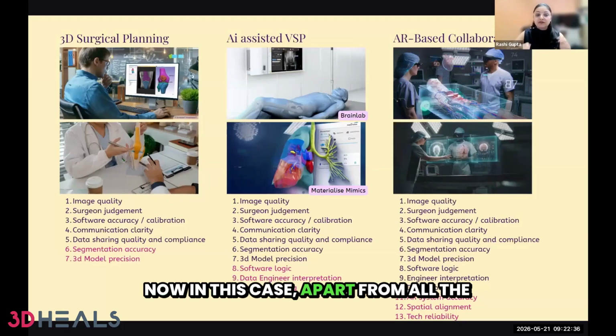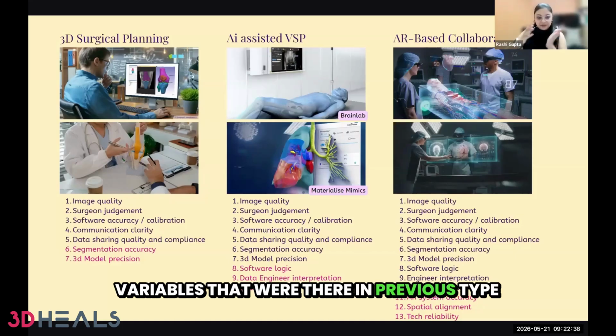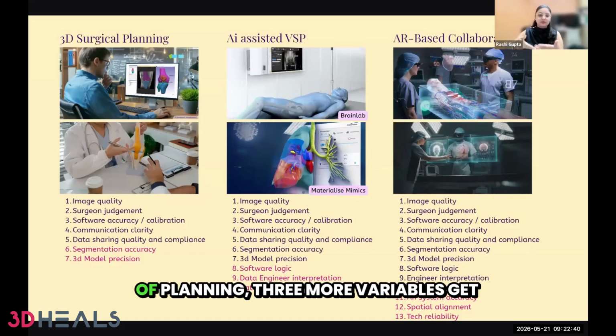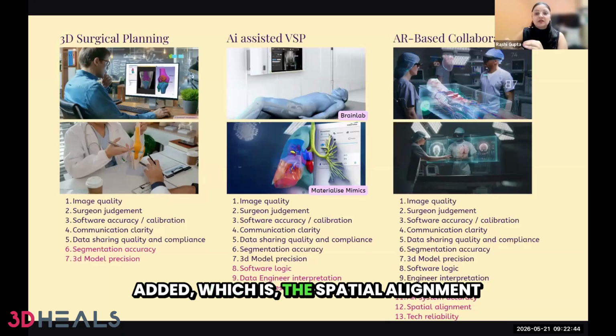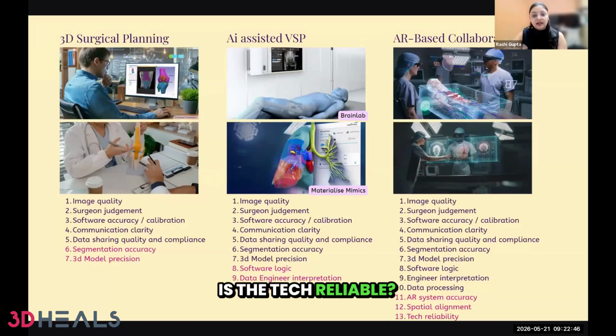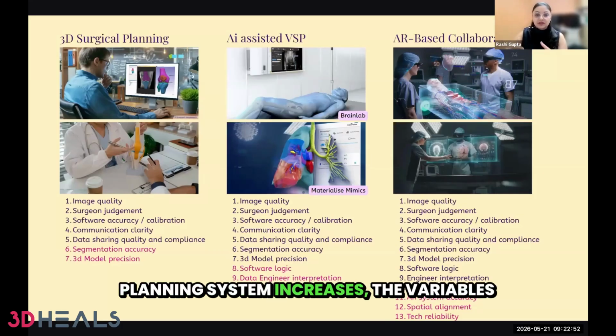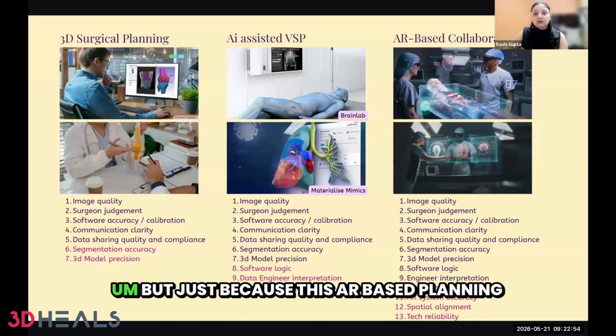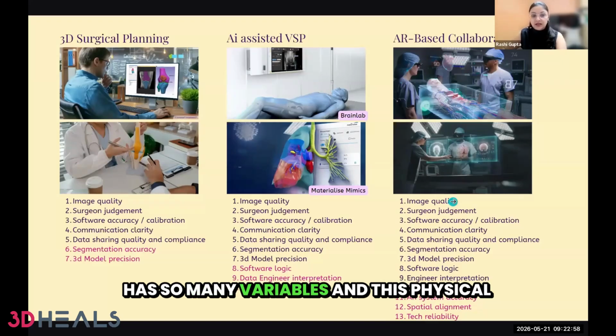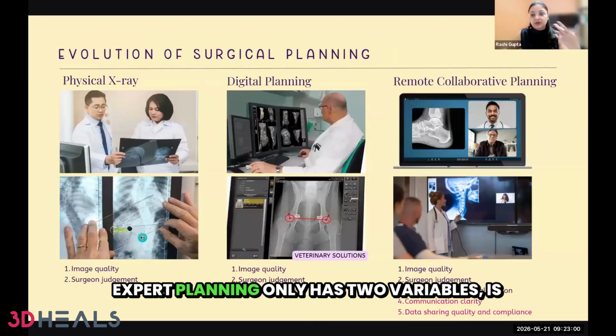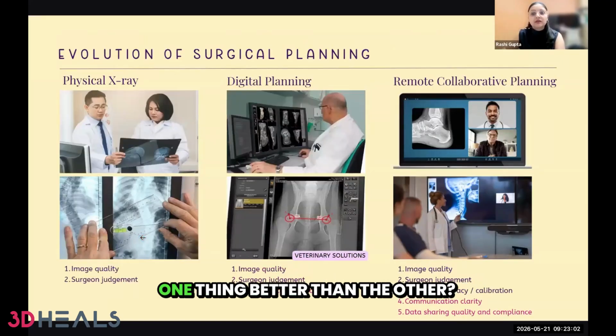Now, in this case, apart from all the variables that were there in previous types of planning, three more variables get added, which is the spatial alignment. Is the tech reliable? Is the system accurate? So as you can see, as the complexity of our planning system increases, the variables increase. But just because this AR-based planning has so many variables, and this physical X-ray planning only has two variables, is one thing better than the other is the main question, right?